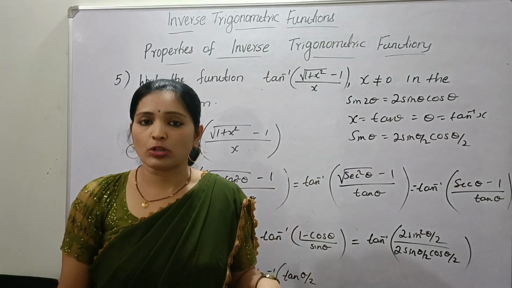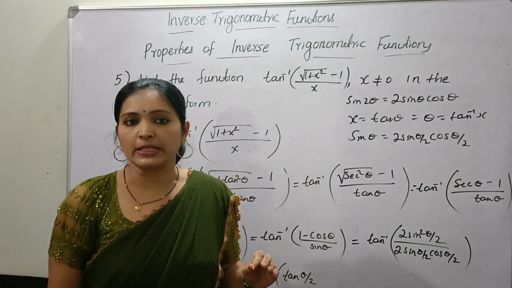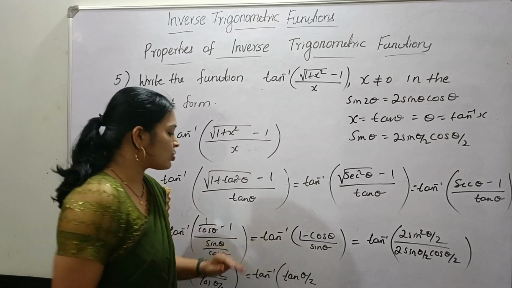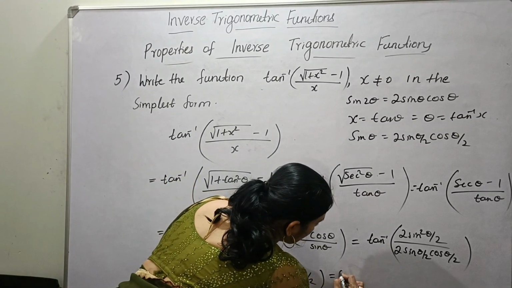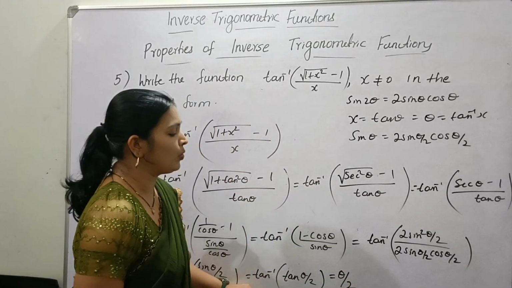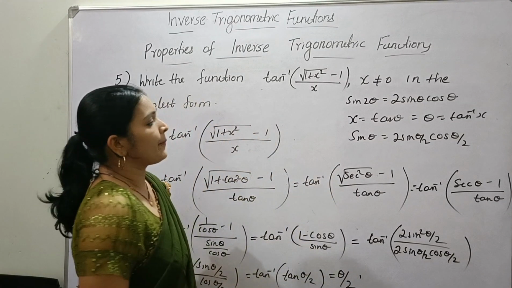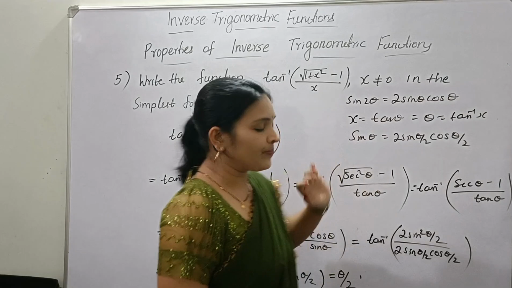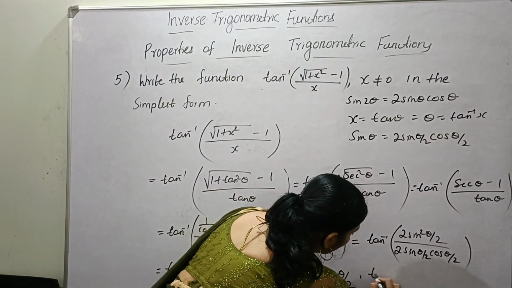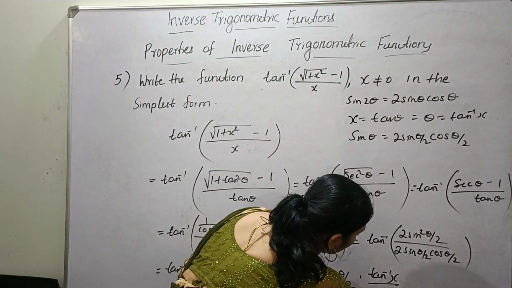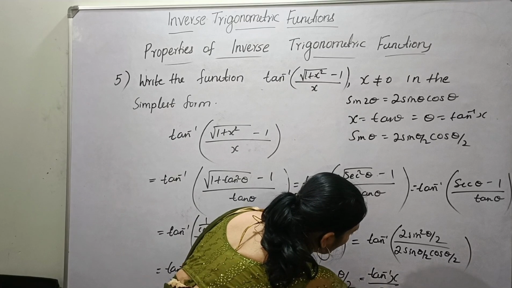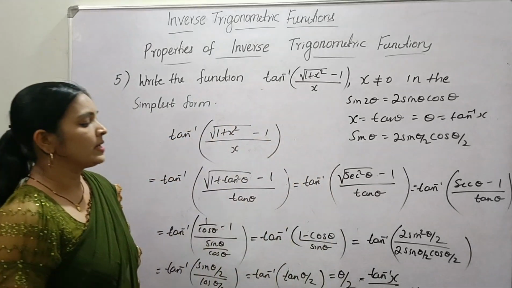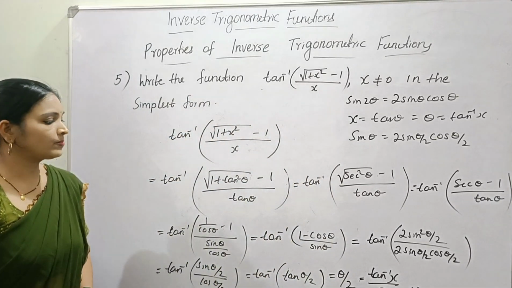Sin theta by 2 by cos theta by 2 is nothing but tan theta by 2. So tan inverse of tan theta by 2 is equal to theta by 2. And here what is theta? Theta is nothing but tan inverse of x. So the answer is tan inverse x divided by 2.